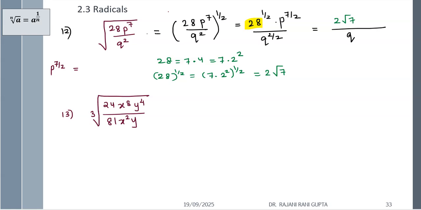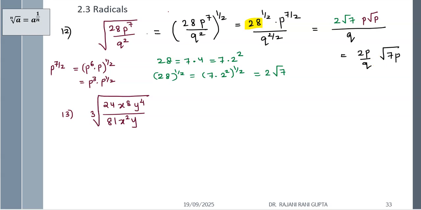As we did in the previous question, you can write p power 6 into p, this whole 1 over 2. This gives you p cubed, p half, so it is p root p. So when you combine, you get the final answer as 2p over q root of 7p.